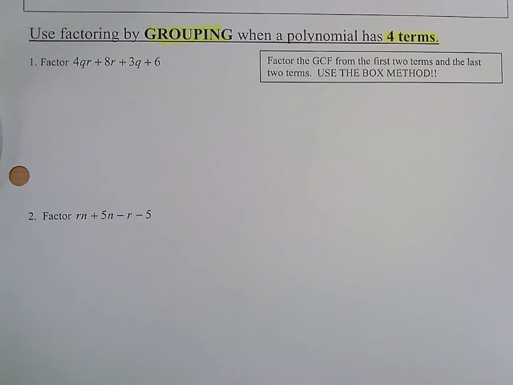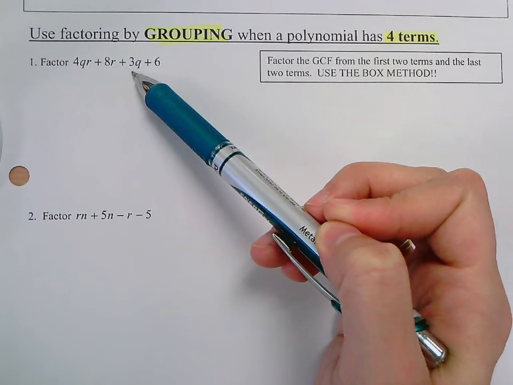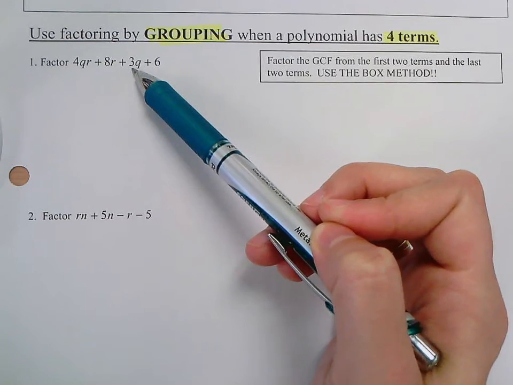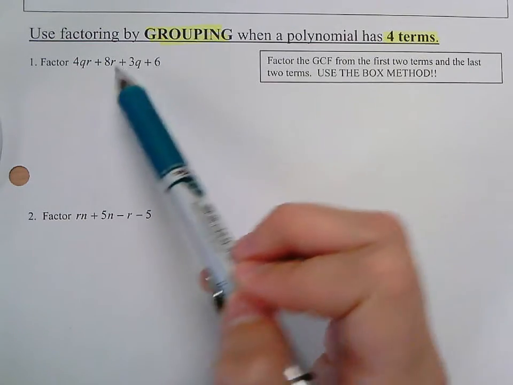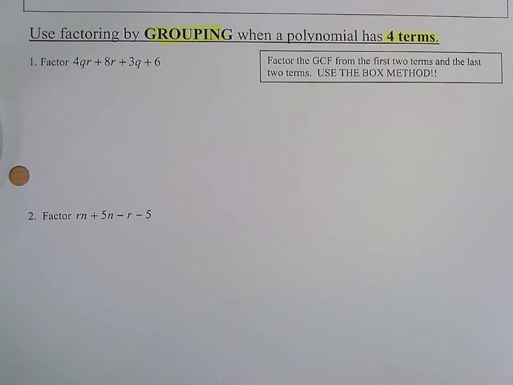Can they all be divided by 2? No, because of the 3. We can't divide them all by 3, so I would say no. If it was just 4, 8, and 6, those are all divisible by 2. But always check for that first. If there is a GCF with all of the terms, you should factor that out as a first step. We will have examples like that.